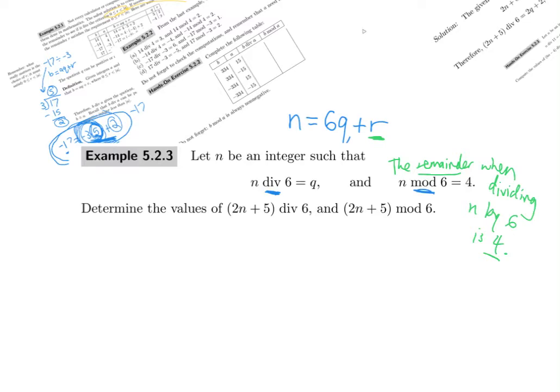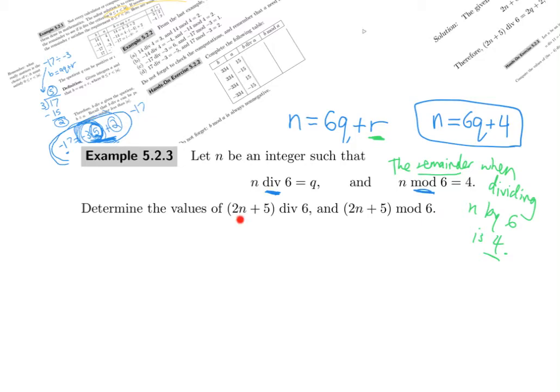That means we can write a renewed equation, n equals 6q plus 4. We're not done with the problem. I shouldn't put a box around it, but this is just preliminary thought process before we continue reading the problem to figure out what they're asking for. So with this notion that n equals 6q plus 4 in this problem, we continue.